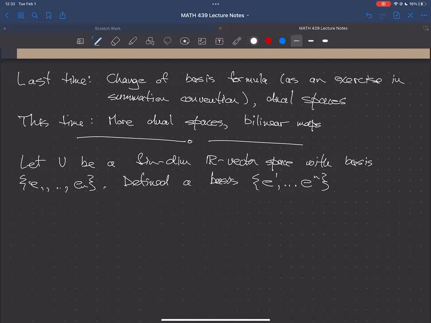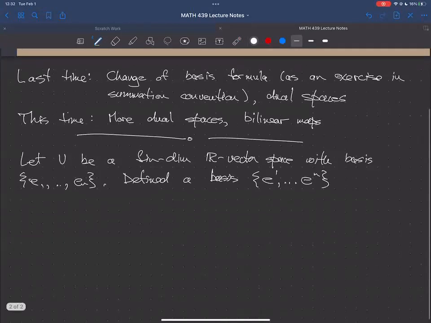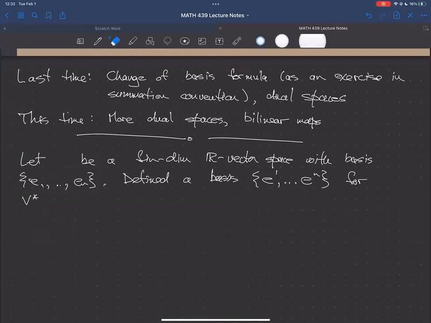So we defined a basis for the dual. And remember that the dual space is, for us, simply the set of linear mappings from V into R.